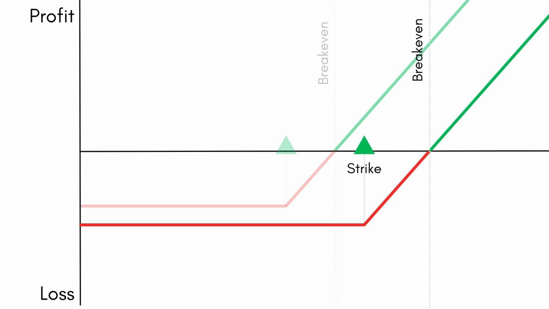You can either roll down your position to a more favorable strike price, closer to the current underlying price, or you keep the original $235 strike. Alternatively, you can roll up your long call to a later expiration date. Or if you want to be completely safe, you can roll down the strike price and simultaneously roll up the expiration. And these choices are the most used adjustment strategies for different options trades.